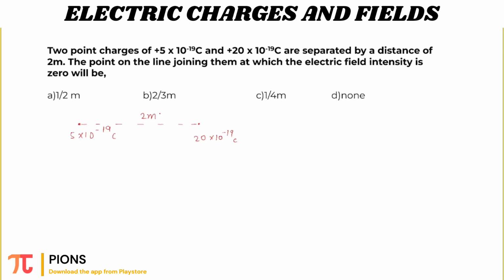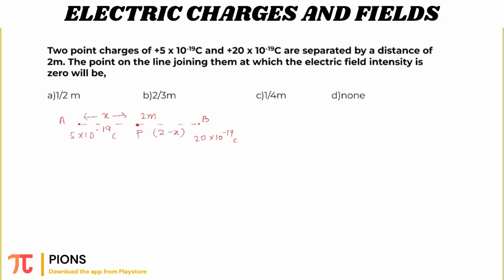The point on the line joining them at which the electric field intensity is 0. So let's assume that this point over here is point P, where the field is 0. Now let's assume that this distance is x. We don't know this distance. If this is x, then the other one will be 2 minus x.